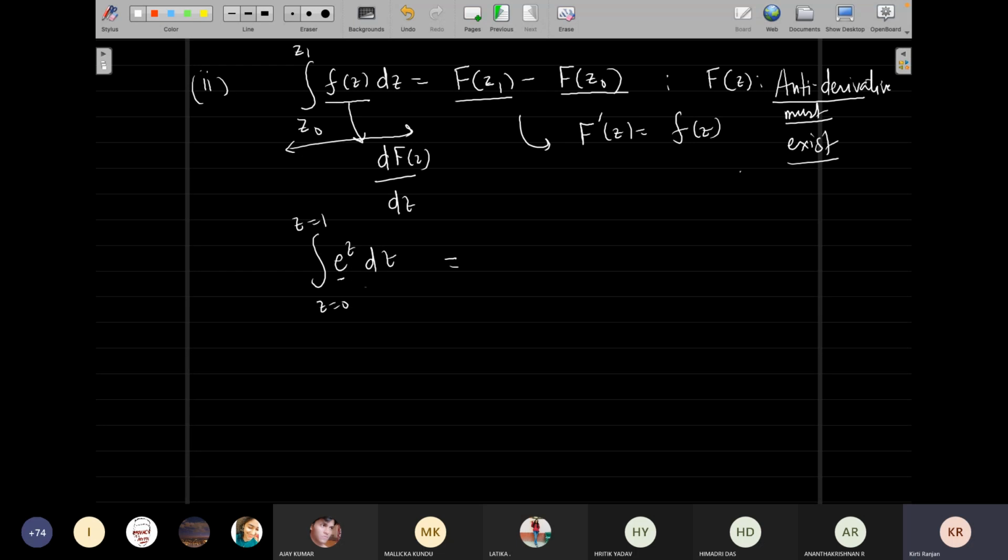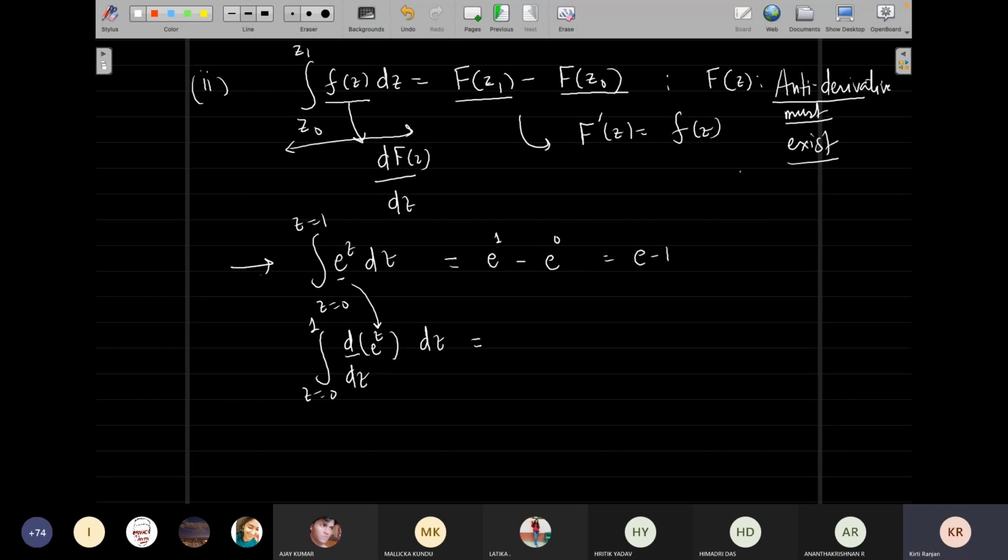The antiderivative is e^z, so the result is the value of e^z at the endpoints: e^1 minus e^0, which is e minus 1.